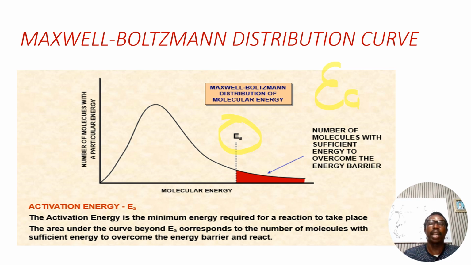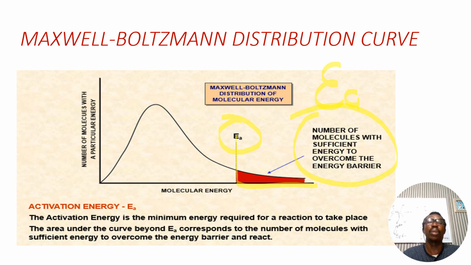So the area under the curve beyond the activation energy corresponds to the number of molecules with sufficient energy to overcome the energy barrier and react. These are the molecules that can react. So the Maxwell distribution curve helps to explain in detail the concept of activation energy, which is the minimum energy required for a reaction to take place.